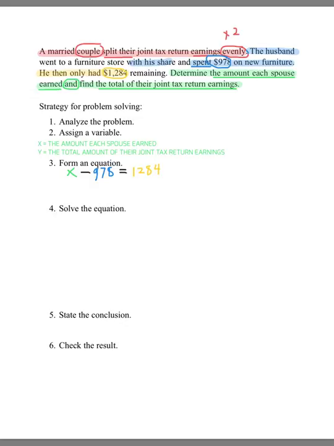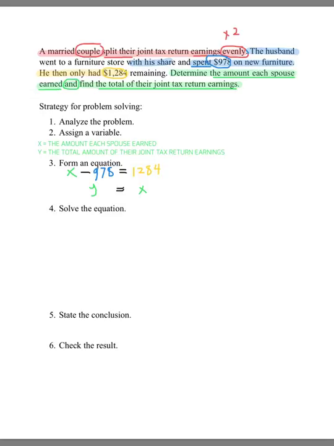Now let us create the second equation. The second equation is with reference to the total earnings. So now we're going to create a relationship between Y and X. And this is going to be coming from the fact that the married couple split their joint tax return earnings evenly. The fact that they split it evenly means that they divided their earnings amongst each other, and since there's two of them, they divided by 2.